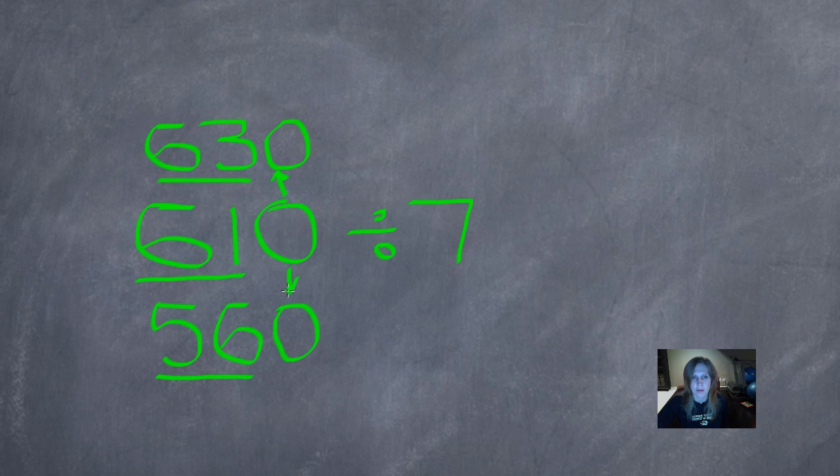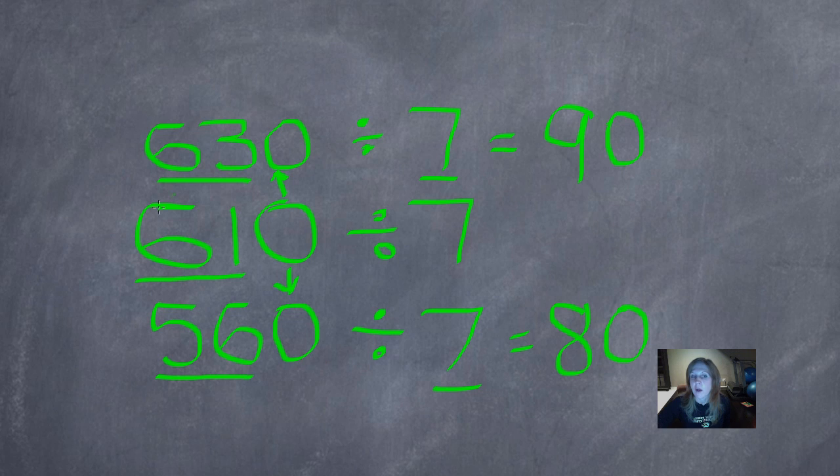And I'll turn that into a 0, which it already is. So if I'm dividing 63 divided by 7, that's 9, because 9 times 7 is 63, and I add my 0. Then I come down here and work this problem. 56 divided by 7 equals 8, and I'll add my 0 onto the end.